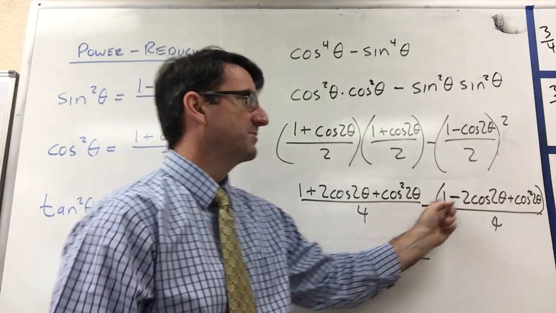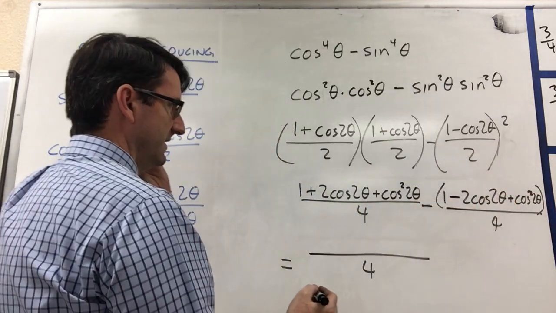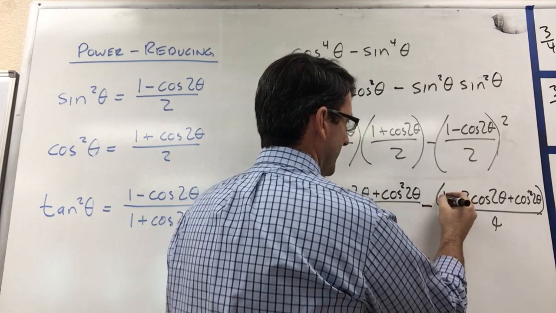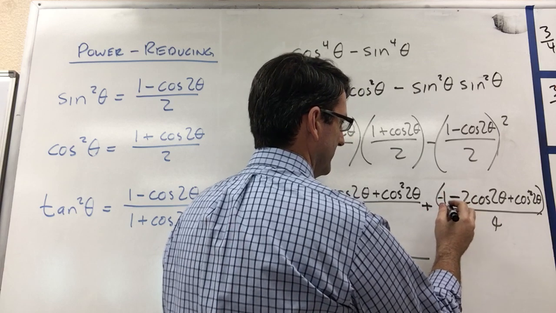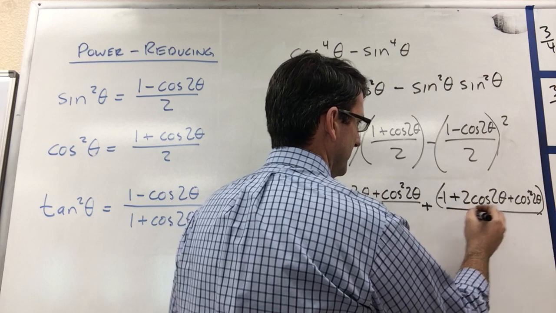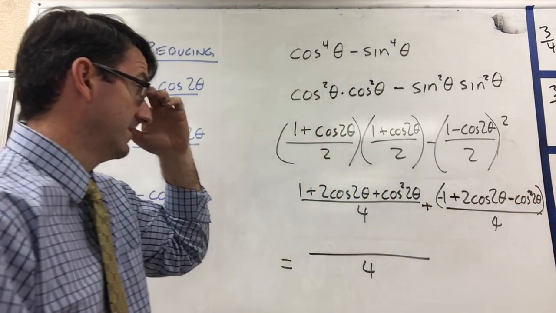When we subtract, we're subtracting this whole thing. So we have to distribute that negative sign. So this is going to become, let's go ahead and distribute it up here. This becomes, and let's make this a plus, and this becomes negative 1 plus 2 minus cosine of 2 theta.